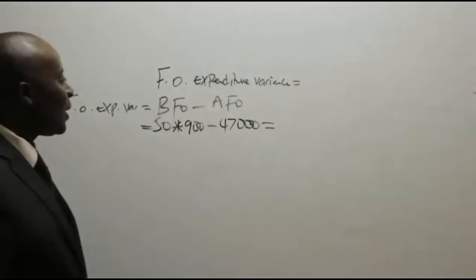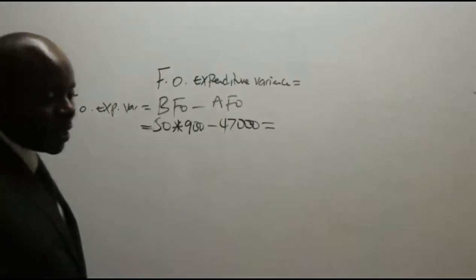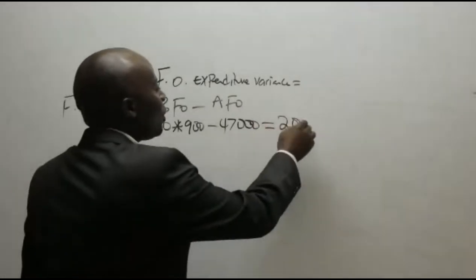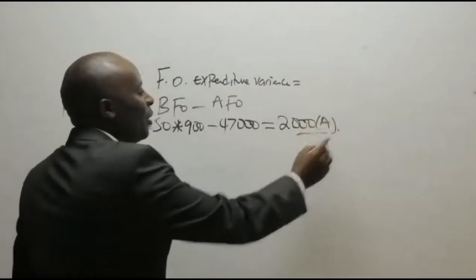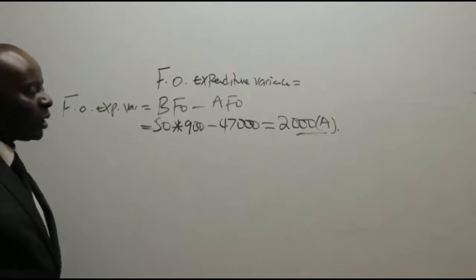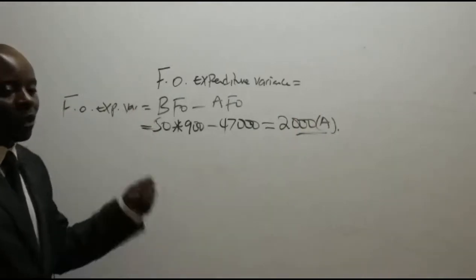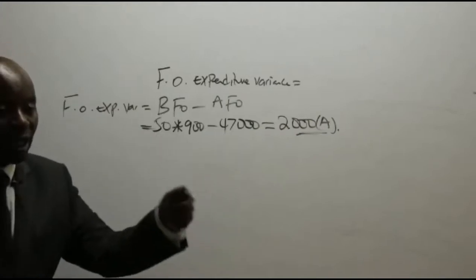So 50 times 900 minus 47,000 gives me 2,000 adverse. That is great, and I'm sure all of us would have gotten this correctly in an exam.